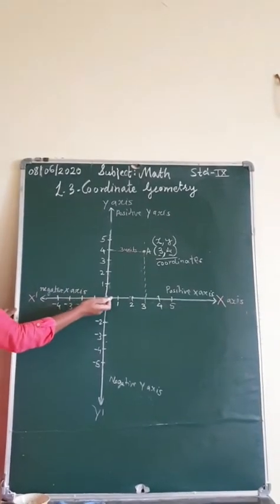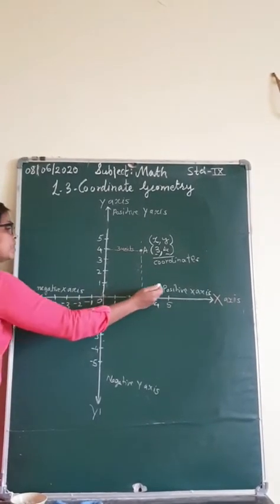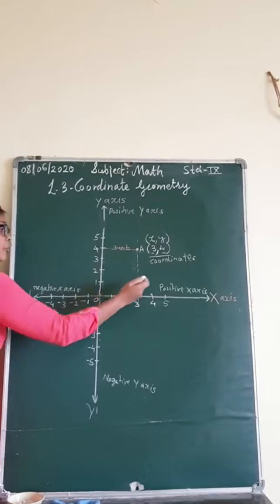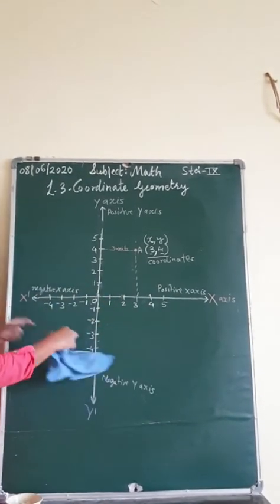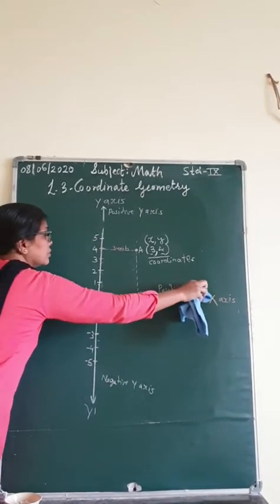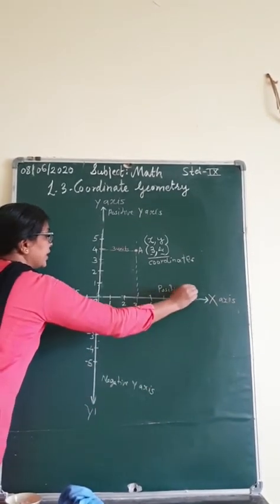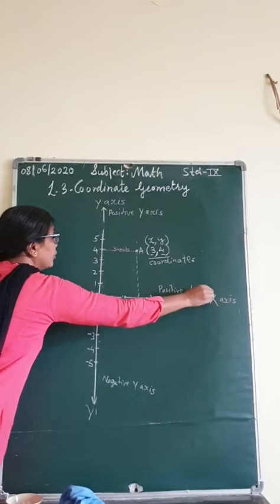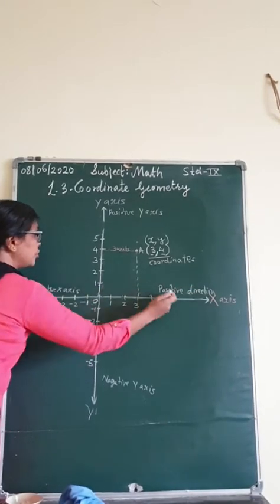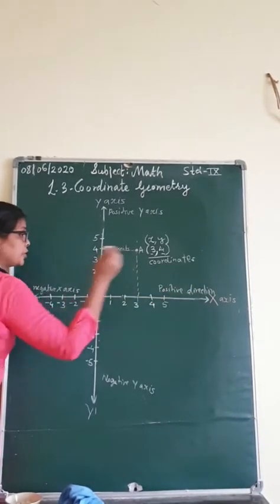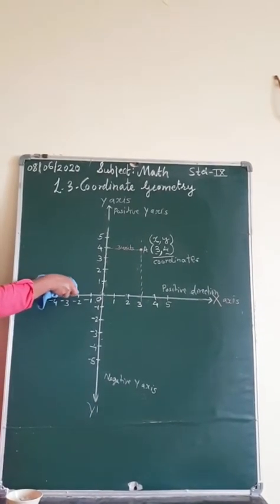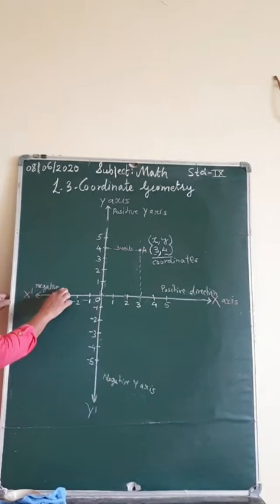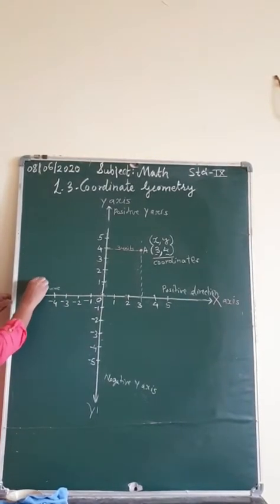So when we move to this side, right of 0 on the x-axis, that means it is the positive direction. Movement on the x-axis to the right of 0 is positive direction, and movement on the x-axis to the left of 0 is known as negative direction.